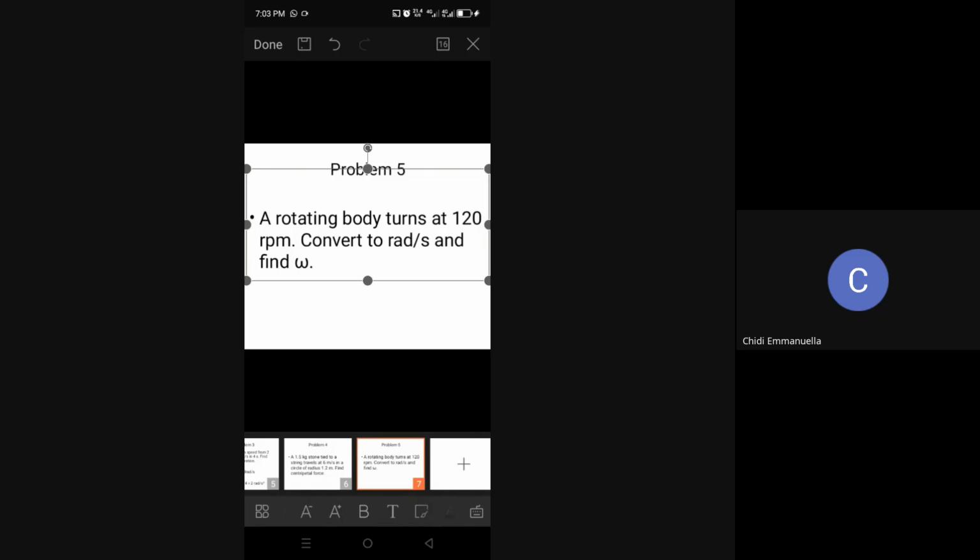I've seen it, but I've forgotten the value. A rotating body turns at 120 RPM. That is revolution per minute. The meaning of RPM is revolution per minute.